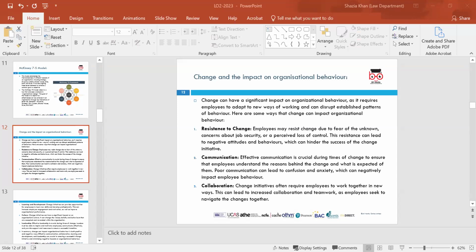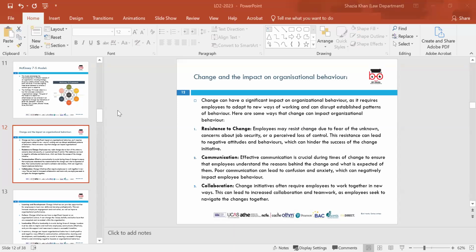Another impact is communication. If there's no communication between the managers and the individual, then they're not going to know and they're going to be more anxious. They're going to think that nothing's been communicated to us, and poor communication will lead to confusion and anxiety.